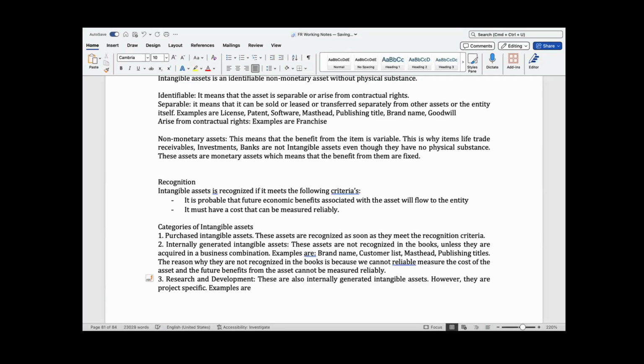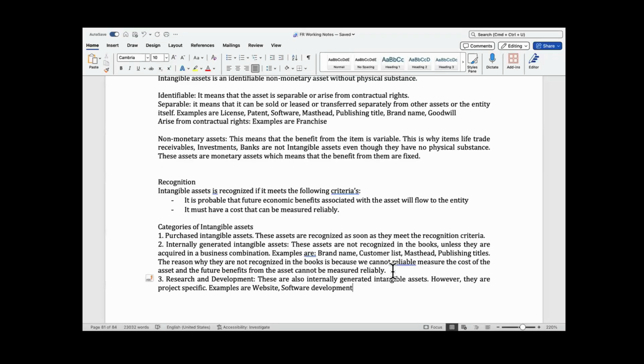Examples are a company's website, or you're doing software development in-house, or any project that you're working on internally, or you're developing an app within your organization. These are research and development.